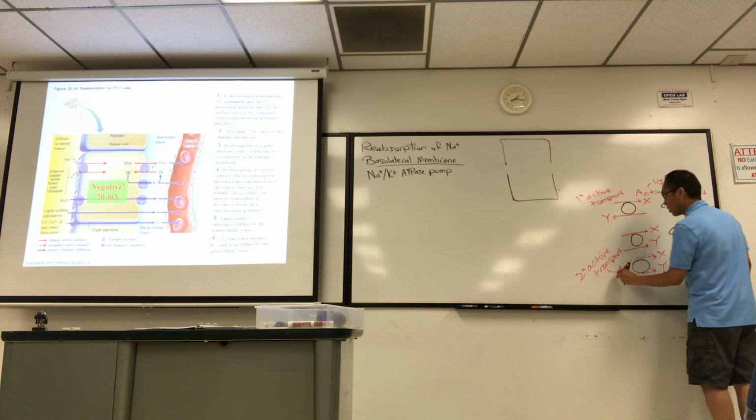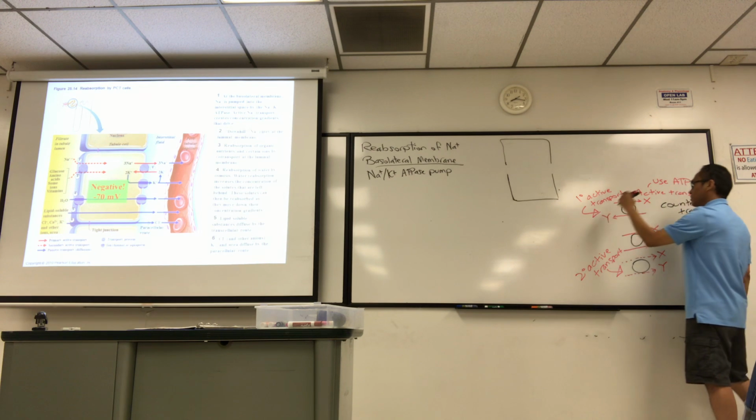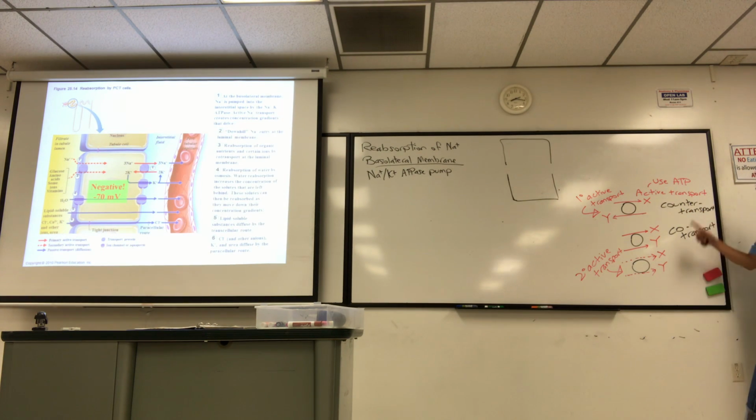This one there versus this one there. The only difference is one is counter-transport and this one is co-transport. Okay? And these are the two examples that we're going to focus on. You do have passive transport, but I'm not going to focus on that for this figure. So that's the terminology.